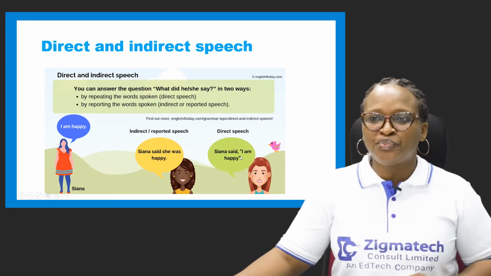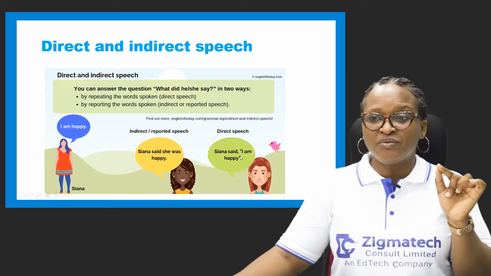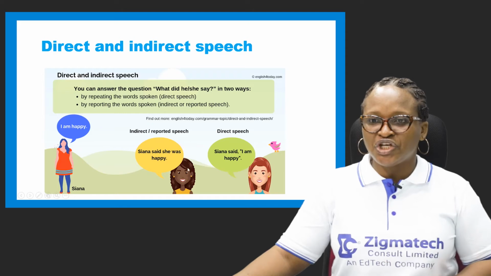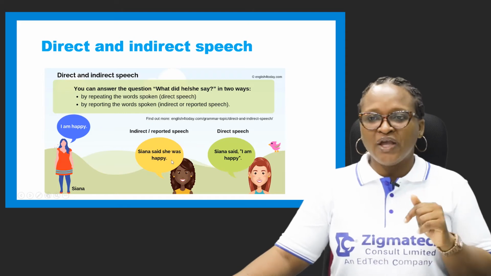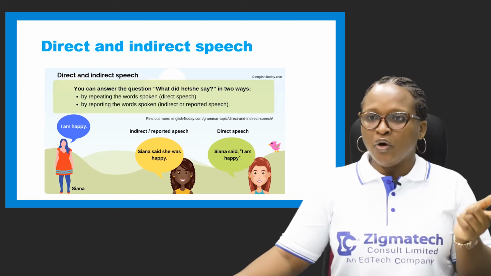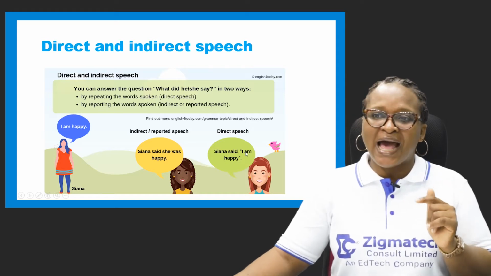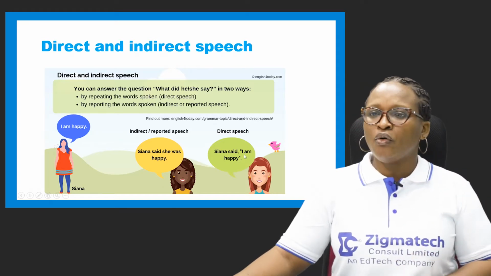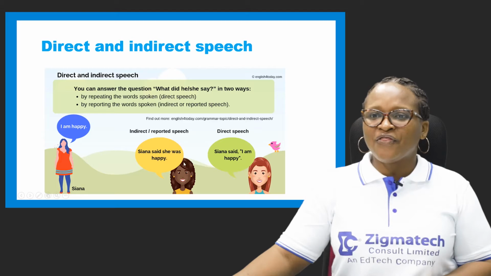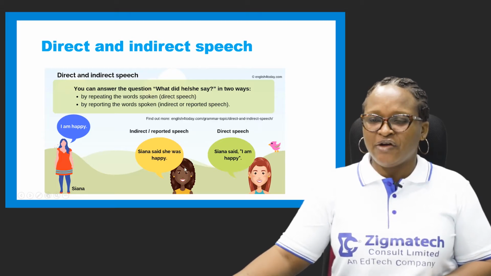So where you have your first person pronoun I, you have to change it to she or he when you are reporting. But when it's in direct speech, it has to be I, be it feminine or masculine. Now, another thing we noticed in the direct speech that changed in the indirect speech is the auxiliary verb.